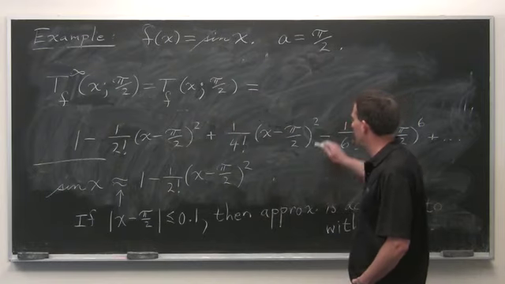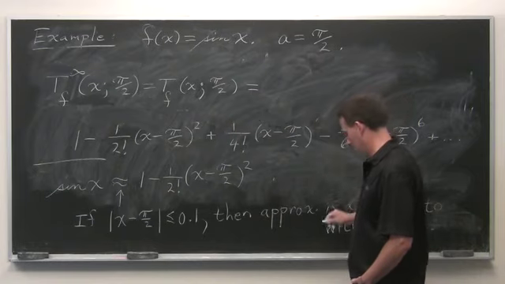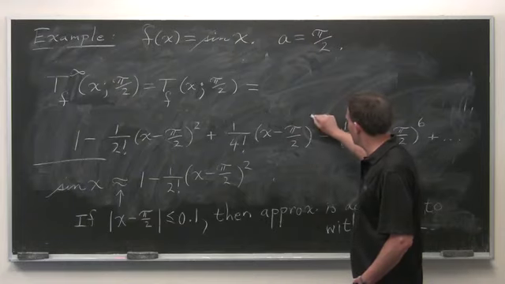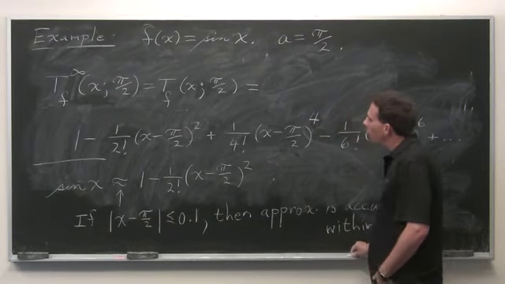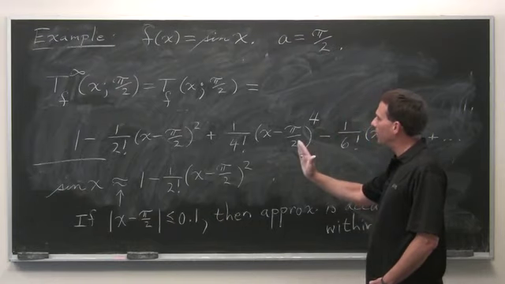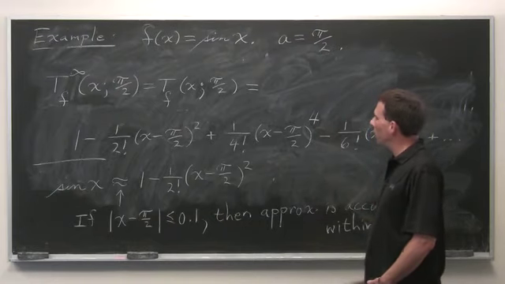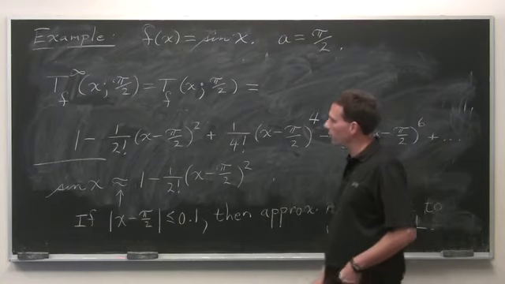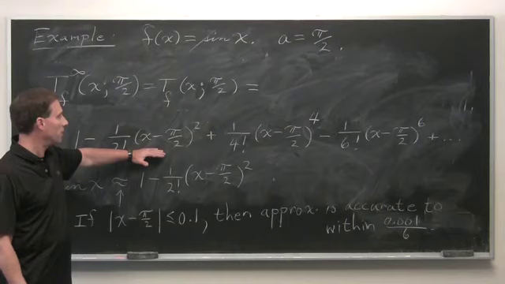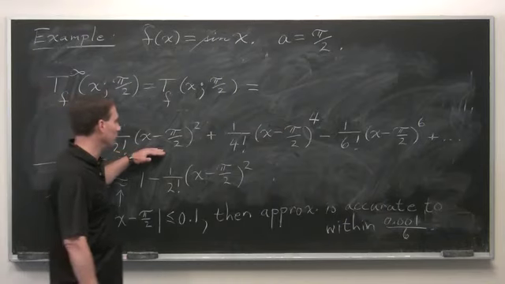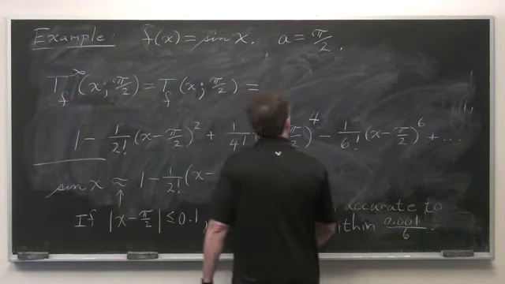Oh, there's another mistake. That should have been a 4. Just all kinds of little mistakes today. You get the appropriate Taylor polynomial by chopping off at the right order. But what this means is, for instance, the third Taylor polynomial and the second Taylor polynomial are the same, right?